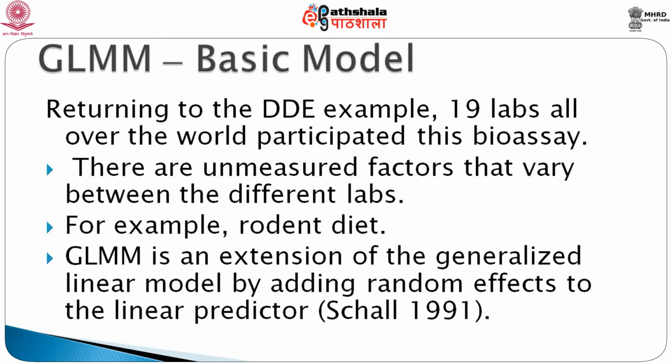And GLMM is an extension of the generalized linear model, as I said, by adding random effects to the linear predictor. So, apart from the linear predictor in the canonical link, one can insert the random effect that takes into account the subject specific variation. Let us look at this more extensively.